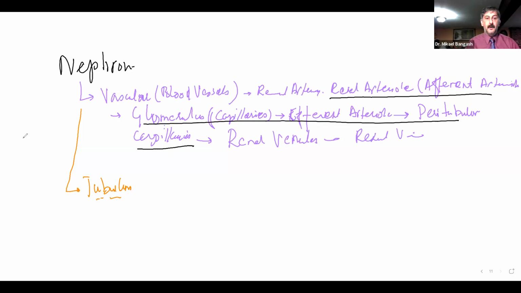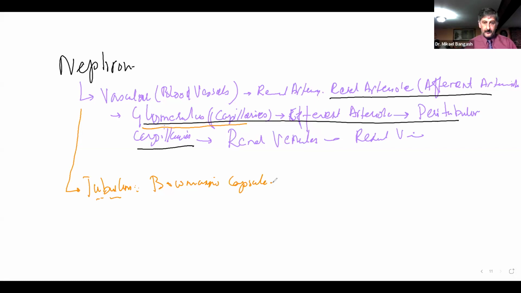The tubular system of your nephron, guys, mainly starts by your glomerulus. So the first component of the tubular system of the nephron is what we call the Bowman's capsule. Did you guys get that?